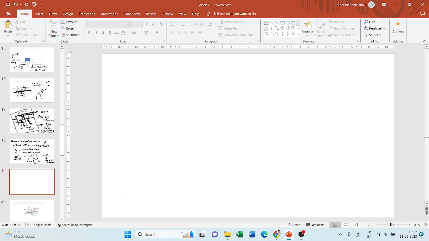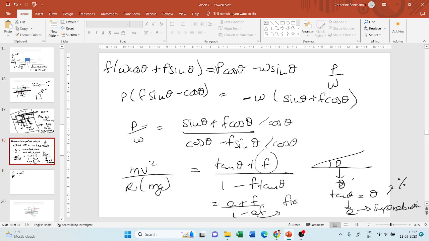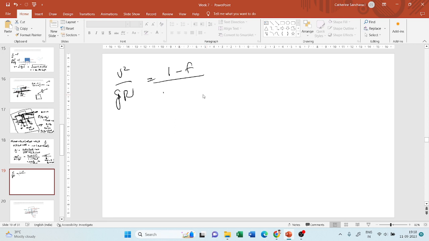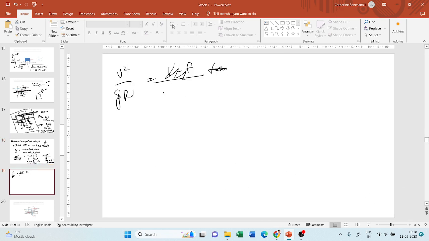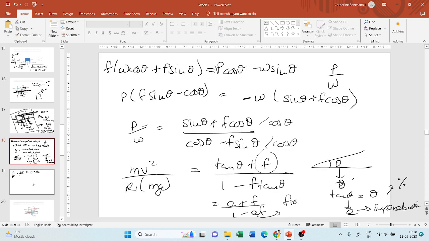Correct? So V square by GR is equal to tan theta plus F by 1 minus F tan theta.